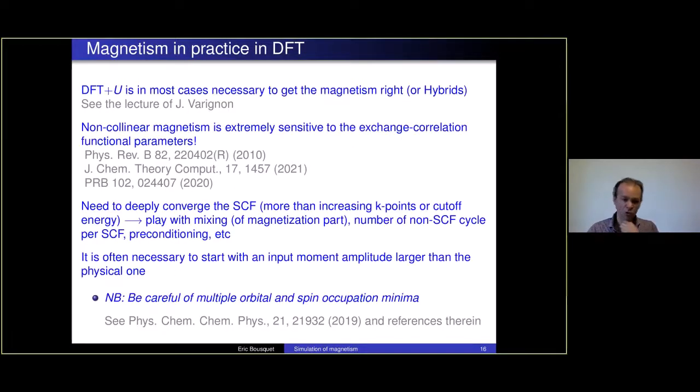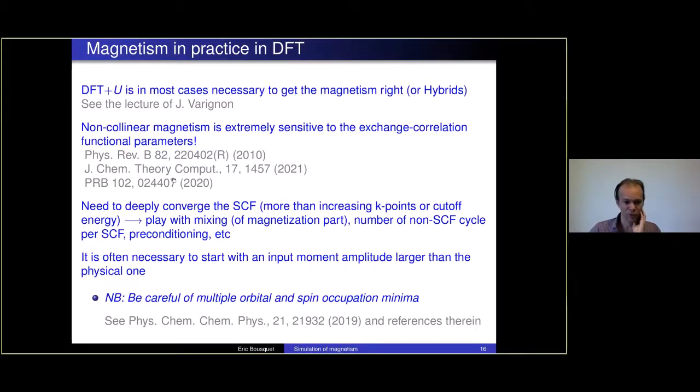Okay, so here just to mention again something I was mentioning, that often we have this approximation for DFT plus U for this exchange correlation functional, but I will not go into detail because Julien Varignon will present all the details with that and all the problems you can face. And then we said that this non-collinear magnetism is really extremely sensitive to this exchange correlation functional.